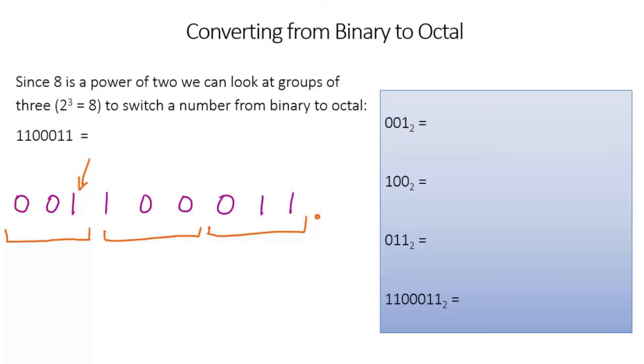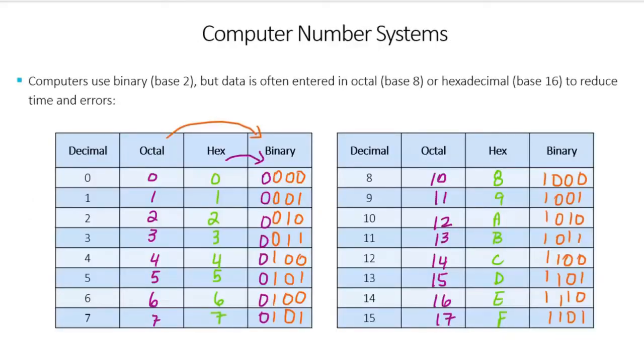So now I'm going to take each grouping of 3 binary place values, of 3 bits, and convert them to their corresponding octal value. One way to do this is to flip back to my comparison chart. I've got, for example, the binary value 001, and I see that this corresponds to the octal value of 1. I also have the binary value 100, and this corresponds to the octal value of 4.